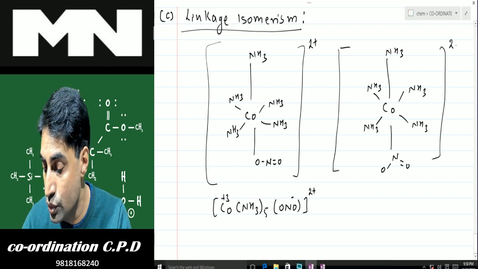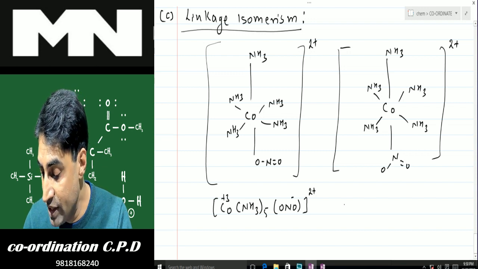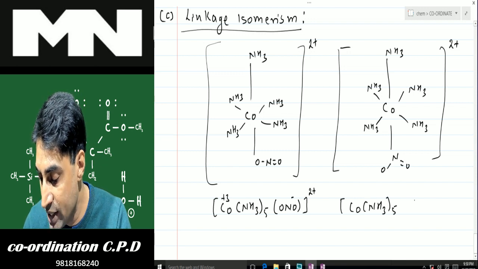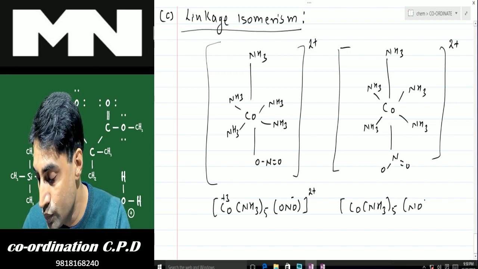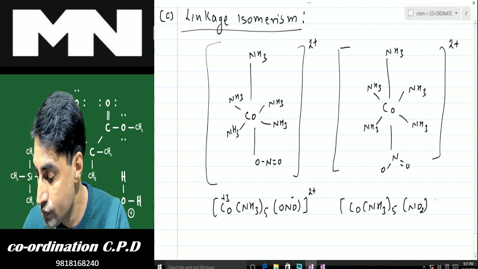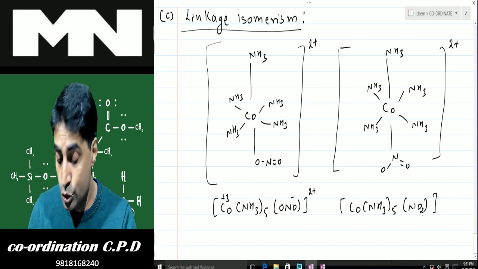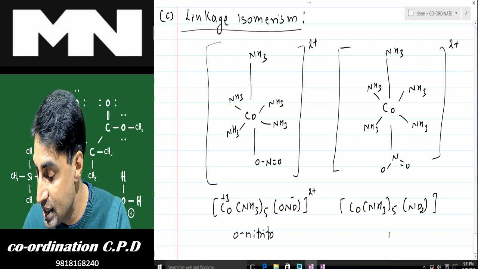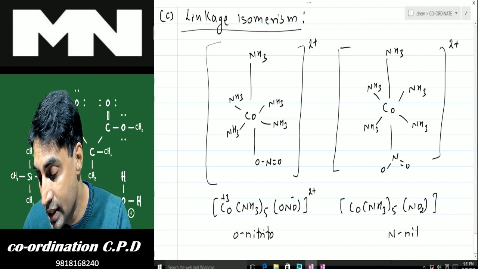Again, it is 2 positive. If I want to represent it, I'll write Co(NH3)5NO2. So in this case, we'll write it O-nitrito, whereas in this case, I'll write it N-nitrito.